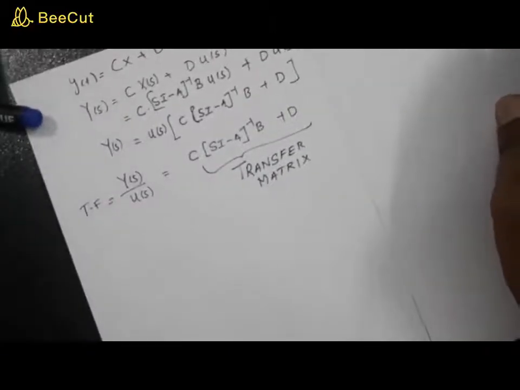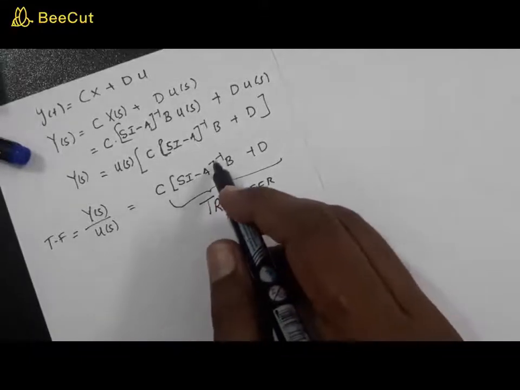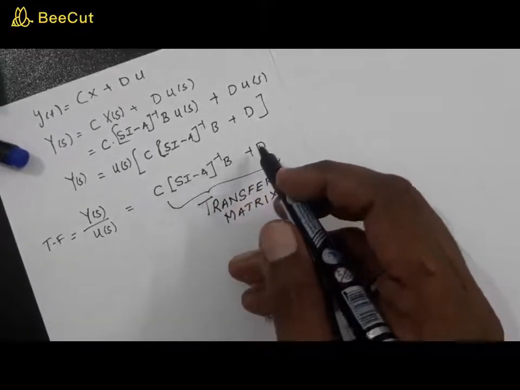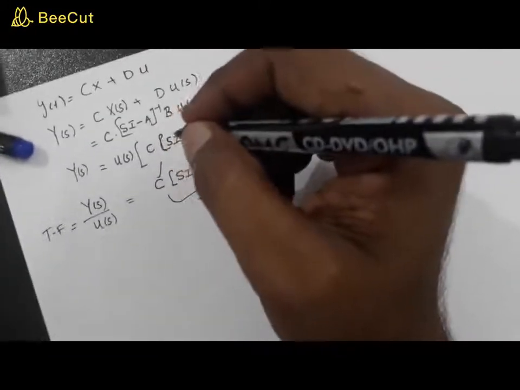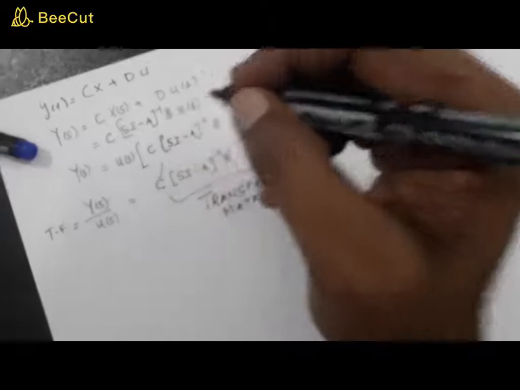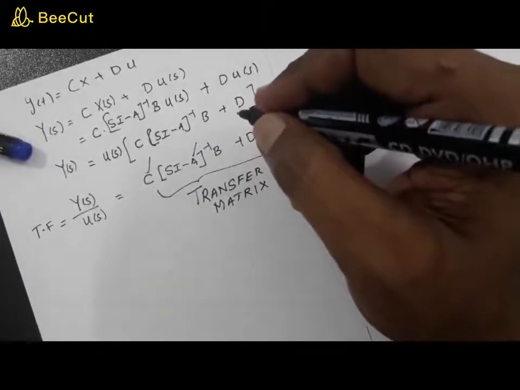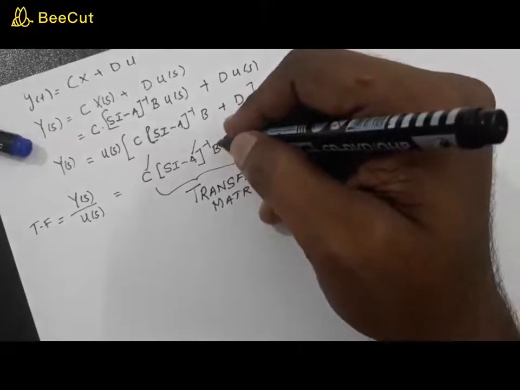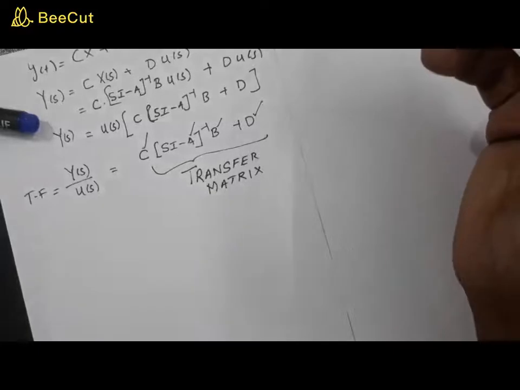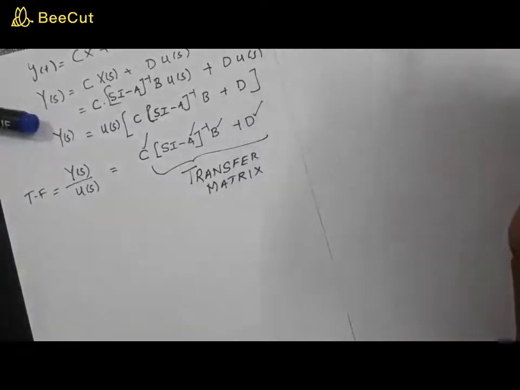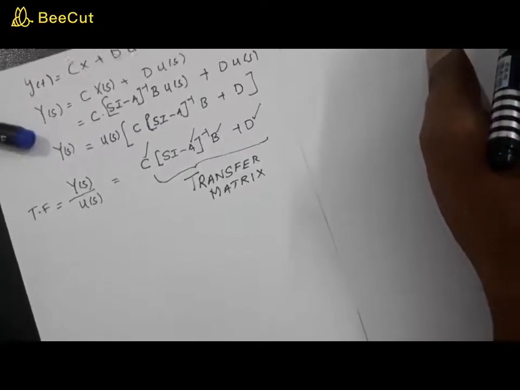While the transfer matrix is given by C(sI - A)^-1 B + D, where C is called the output matrix, A is called the system matrix, B is called the input matrix, and D is called the coupling matrix. So this is your transfer matrix.